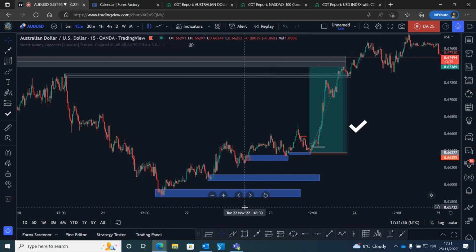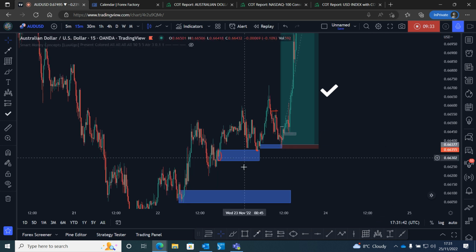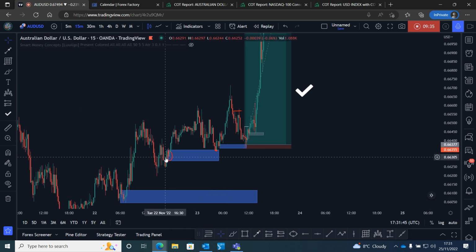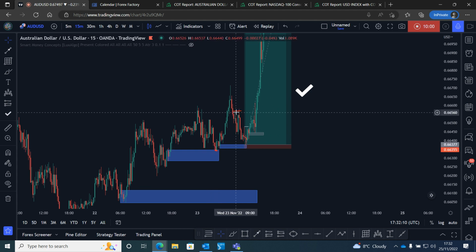Since I know that price is looking for a premium area at the top to hit before a continuation to the downside, I started to look for areas of interest. First of all, I decided to look at this area here, and I clocked that this area was mitigated when price came to touch it, went up, and closed above this high, creating a new high on the 15-minute time frame, which is a smaller time frame compared to the 1 hour and the 30 minutes.